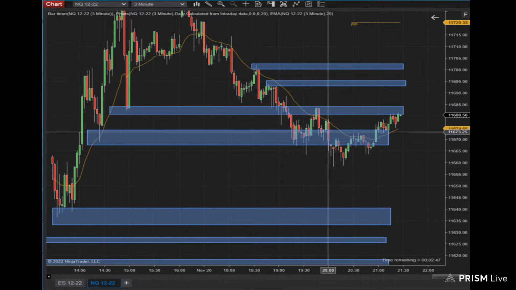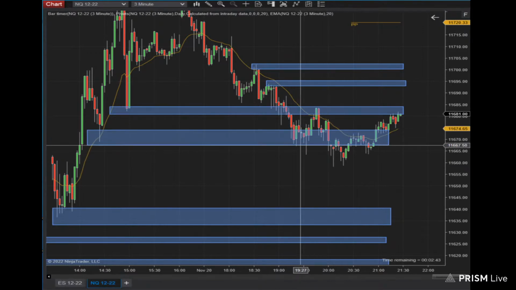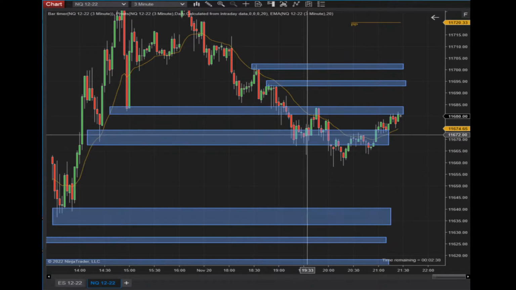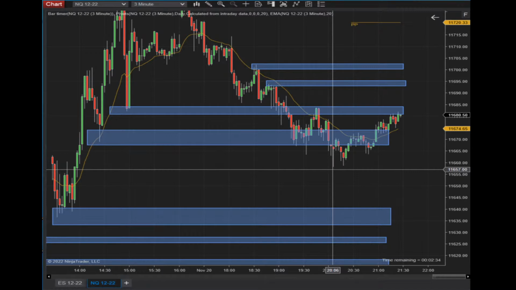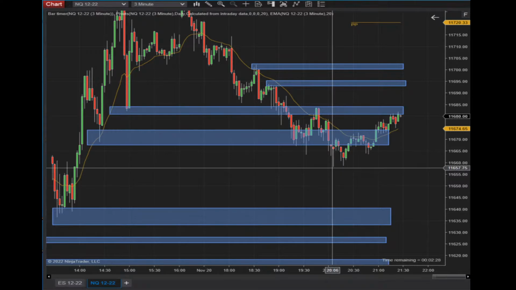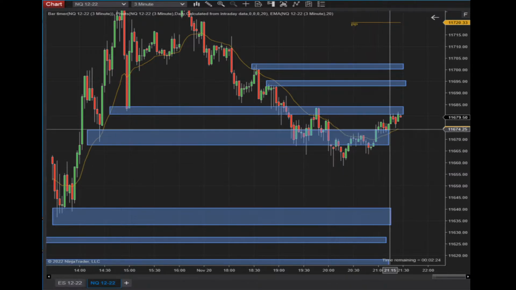Once it got down into here, it just started getting really sloppy. People were buying, they come down, they get rejected, they bought it up, came down, and finally it came down and stopped out all the people that were buying right here, whipped out, and then took back off up.